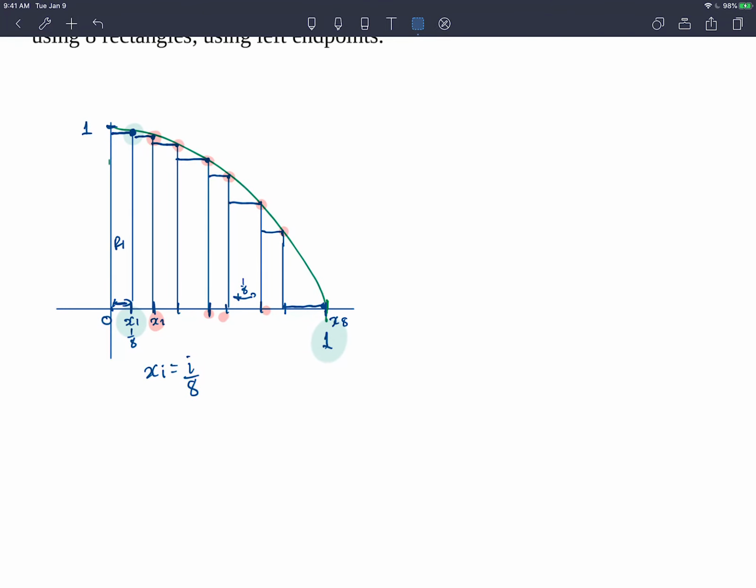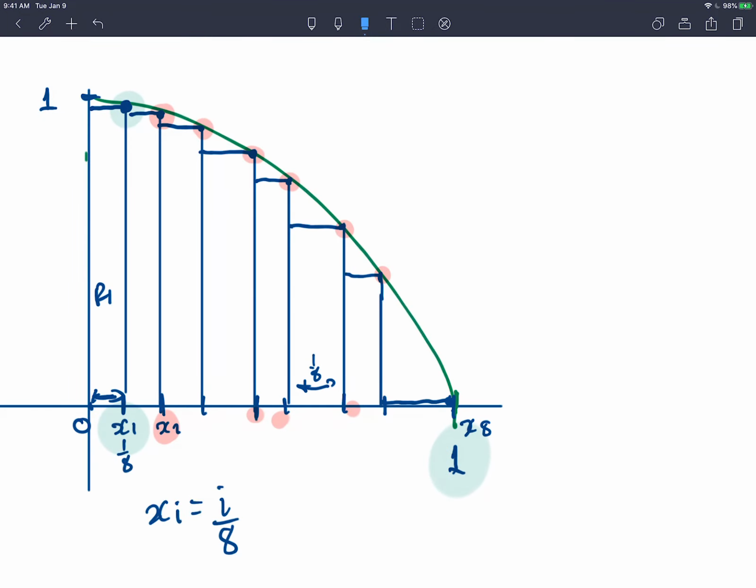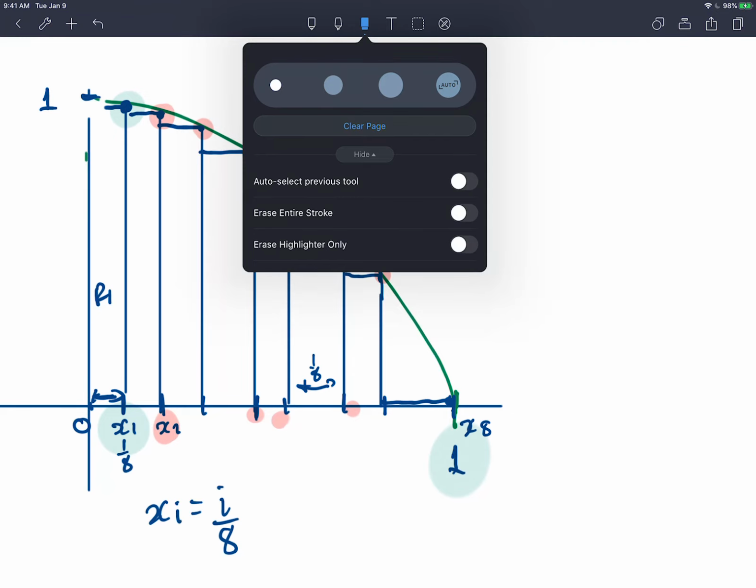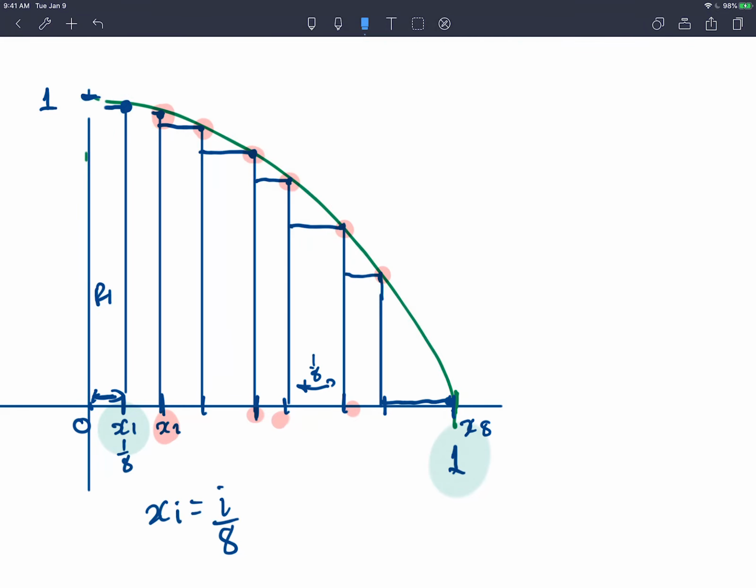Of course, it's not the same rectangles, but I can use a lot of what I used here, because now, instead of using this side, I'm going to try to erase these guys. Make them thinner. Because if I use the left endpoints, then they're going to be these rectangles.